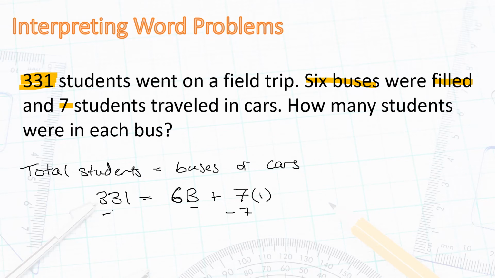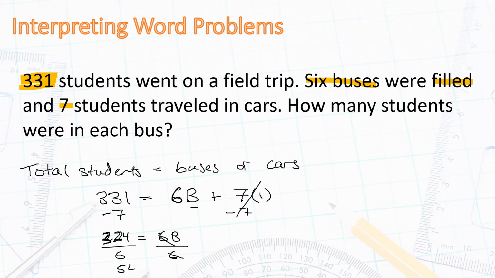Subtract 7 from both sides, or reverse PEMDAS. Any addition or subtraction goes first, so they cancel. 331 minus 7 is 324, is equal to 6B. 6 times B, we want to get B on its own, so we're going to divide by 6 on both sides. 324 divided by 6 is 54.